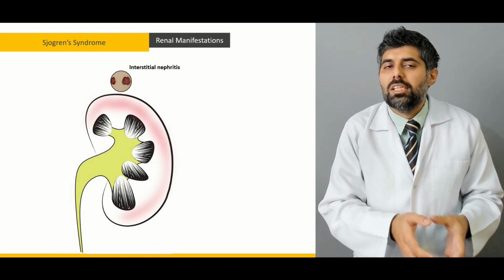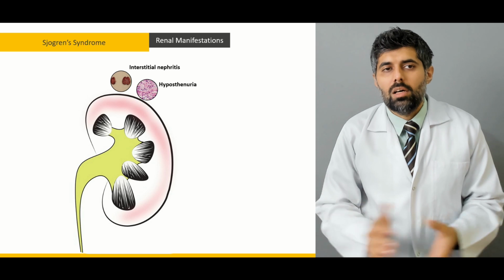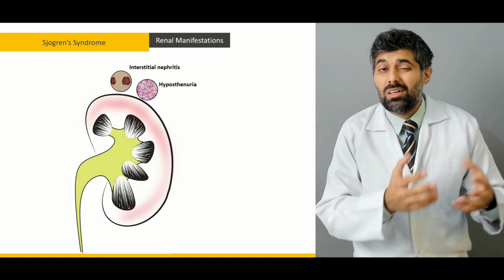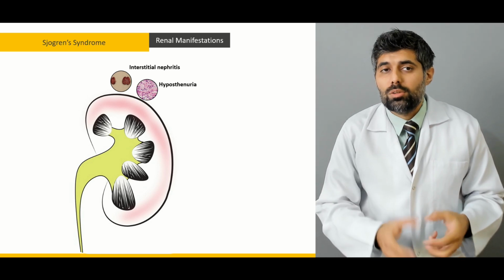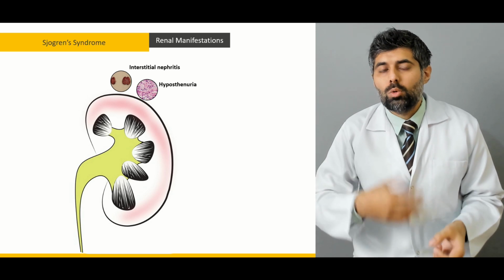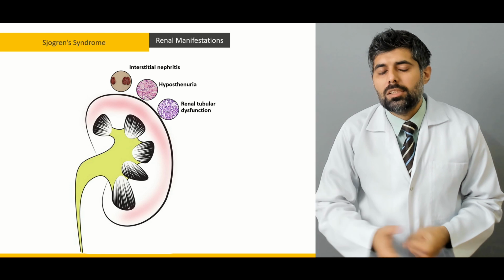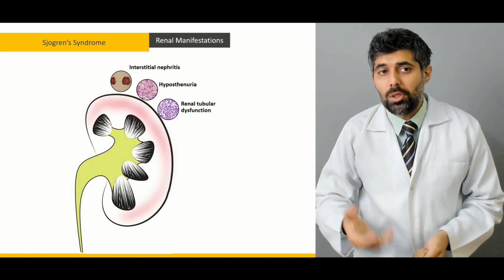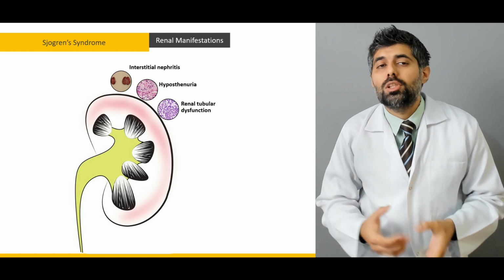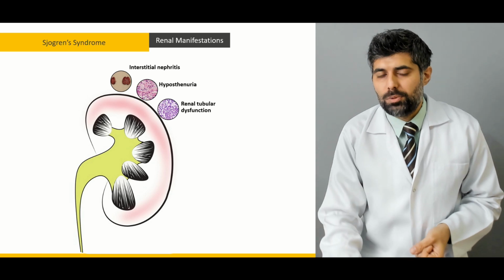When the infiltration is in the interstitium, it can even express itself as hyposthenuria or diluted urine, because the nephrons of the kidneys are unable to concentrate the urine. It can even exhibit itself as renal tubular dysfunction, where the tubules of the nephrons lose their ability for both excretion and reabsorption.